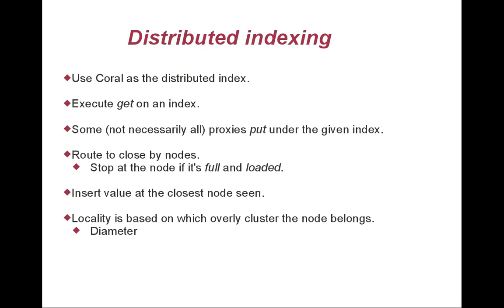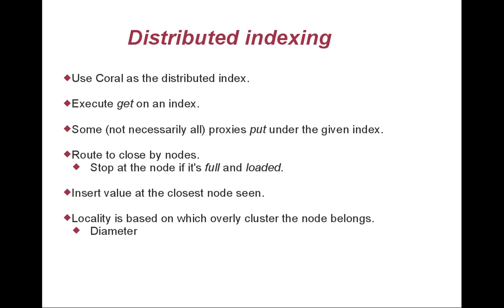Now what the client will be doing is it will execute a get on a certain index to get that file, and some proxies, and like I said, not necessarily all, it's all about locality. It wants the closest clients, the ones that are very, very close, and they perform a put under the given index.